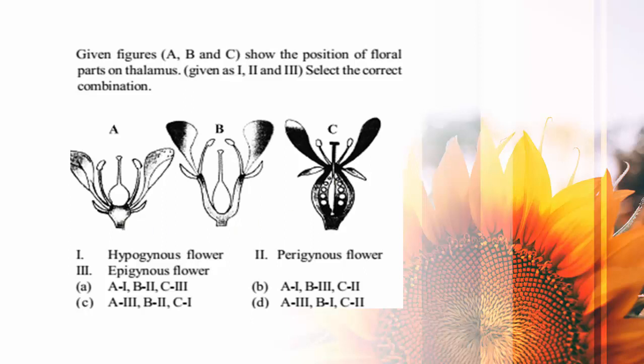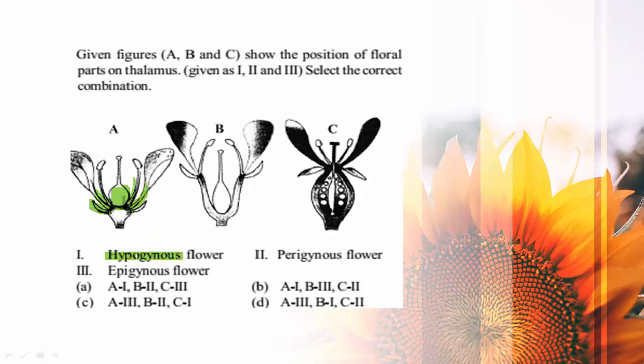So in A, this is the ovary, the remaining parts are arising from the base of the ovary. Hypo means below, gynous means gynoecium.